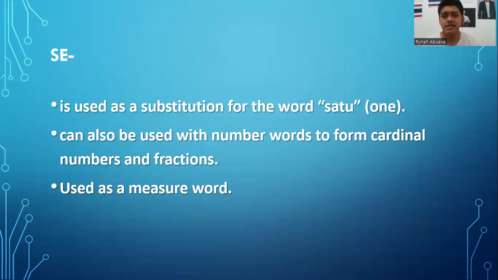The next one is the prefix se. The prefix se is used as a substitution for the word satu. Satu means one, and it can also be used with number words to form cardinal numbers and fractions. Another use is as a measure word.